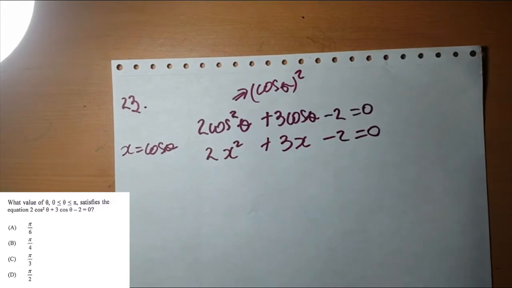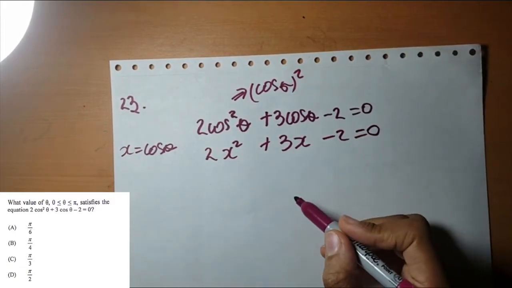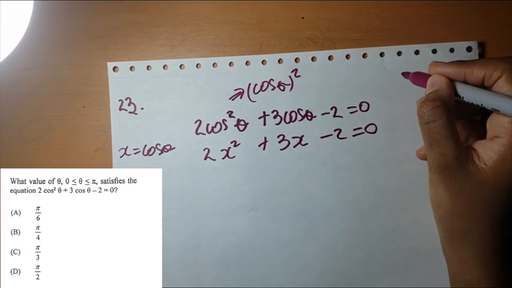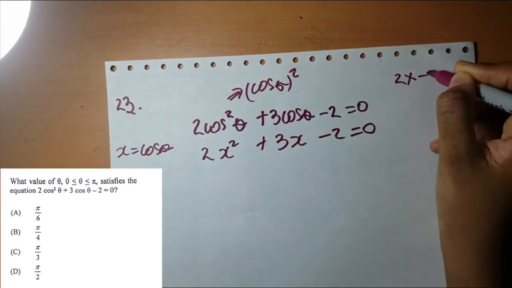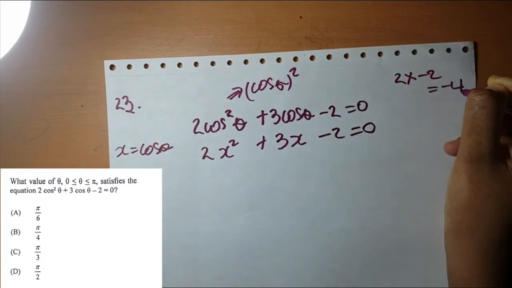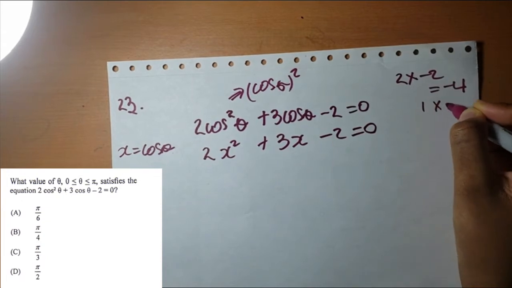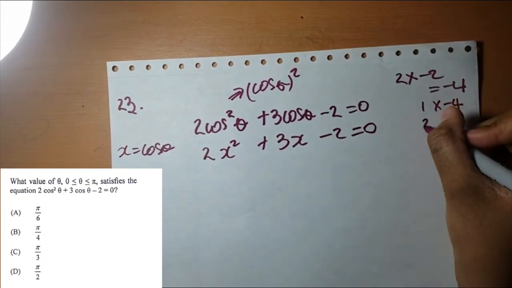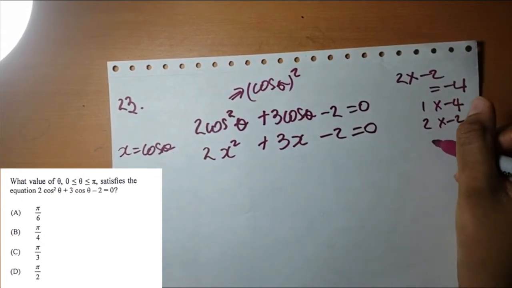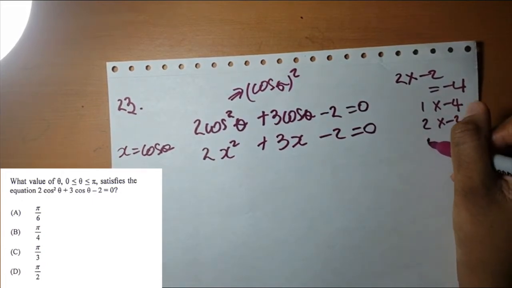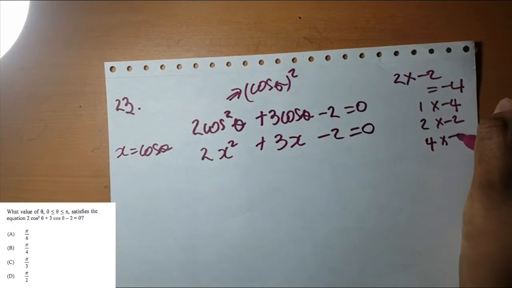From here, we'll take the first 2, so we'll take 2 times minus 2, which is minus 4. Then we'll take 1 times minus 4, 2 times minus 2. So I'm going to use 4 and minus 1.